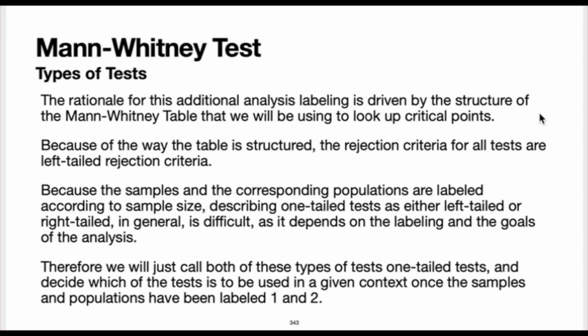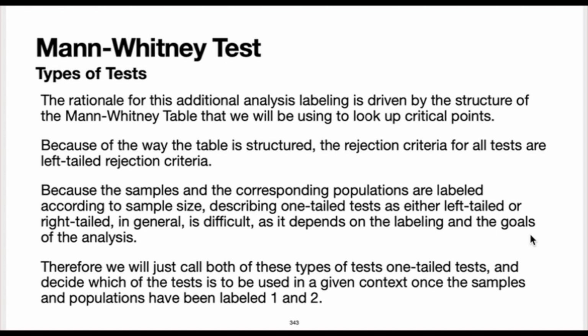And so we are going to be using a particular table from the same resource that I got the Wilcoxon signed rank table from. Associated with that table is a particular form of the test statistic and a particular type of rejection criteria. So really in any situation, regardless of the book you look at, the table that you use is going to dictate the form of the test statistic and the form of the rejection criteria.